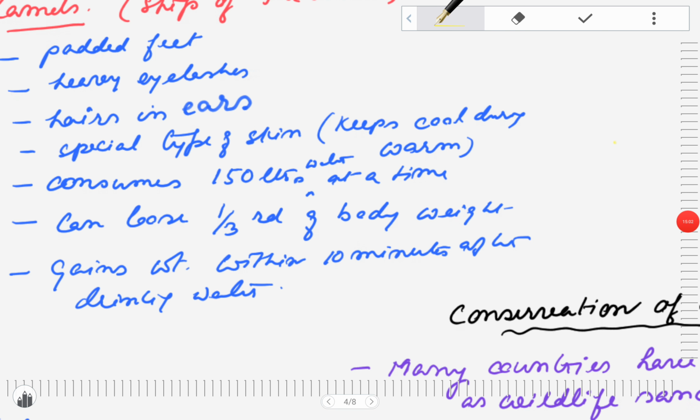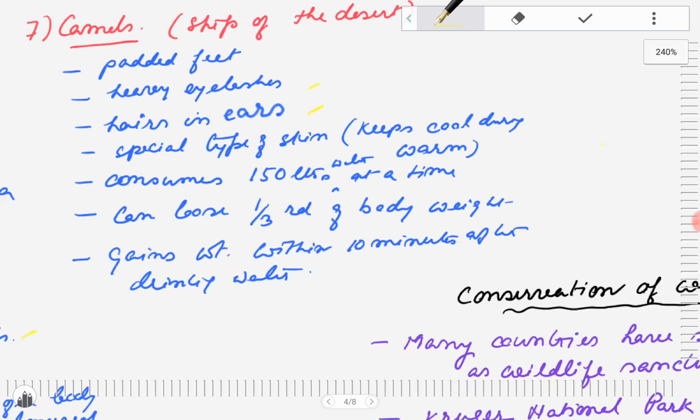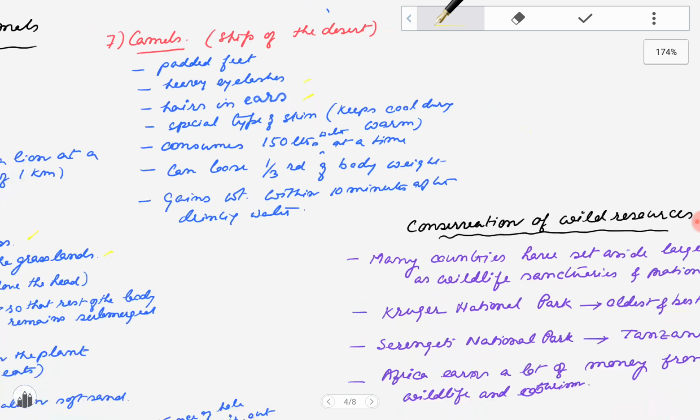They have heavy eyelashes, hairs in the ears, special type of skin which keeps it cool. It consumes about 150 liters of water at a time, and it can lose one third of its body weight. It gains weight within 10 minutes after drinking water.